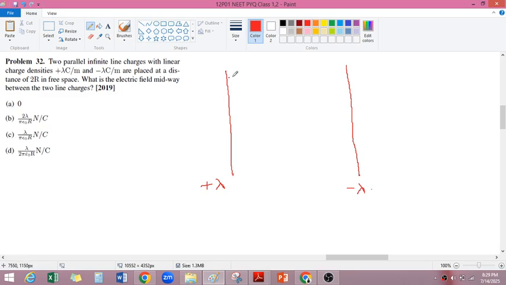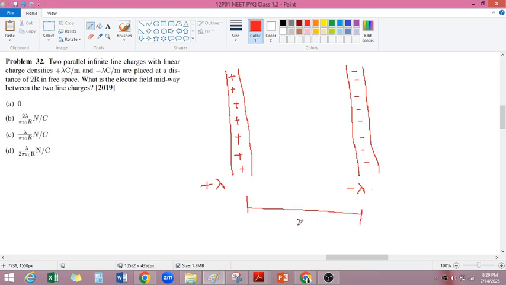So that means this is like having plus charges here, infinite line charges, and this is like having minus charges here. Placed at a distance of 2r in free space. So that means this distance is 2r. So now they are asking what is the electric field midway between the two line charges.